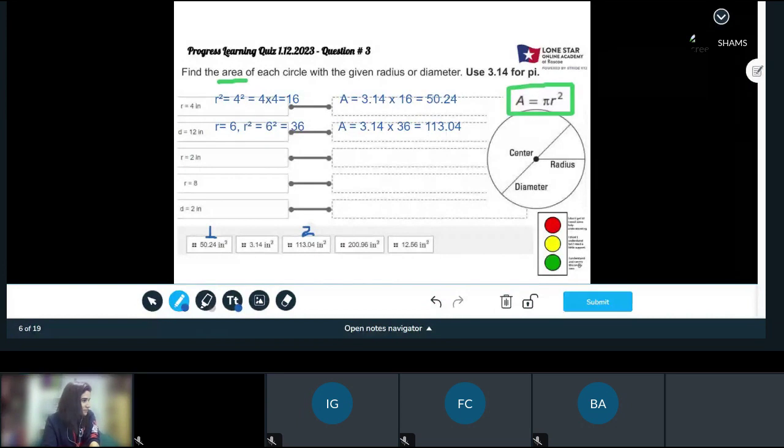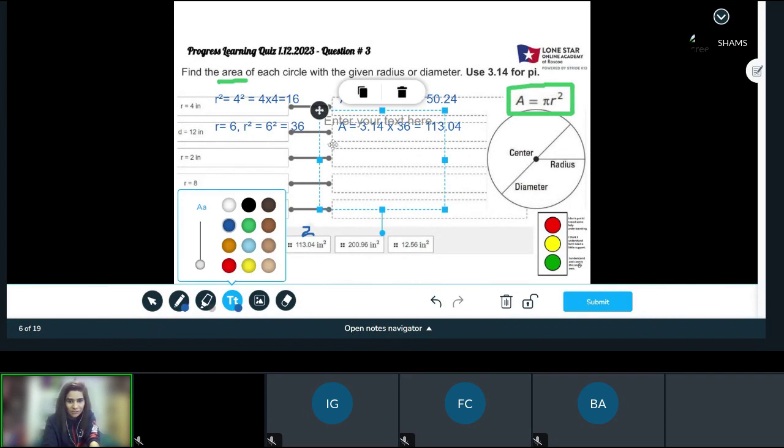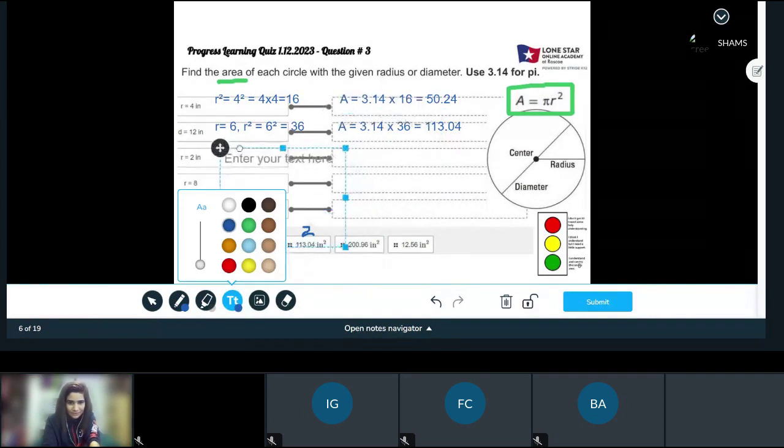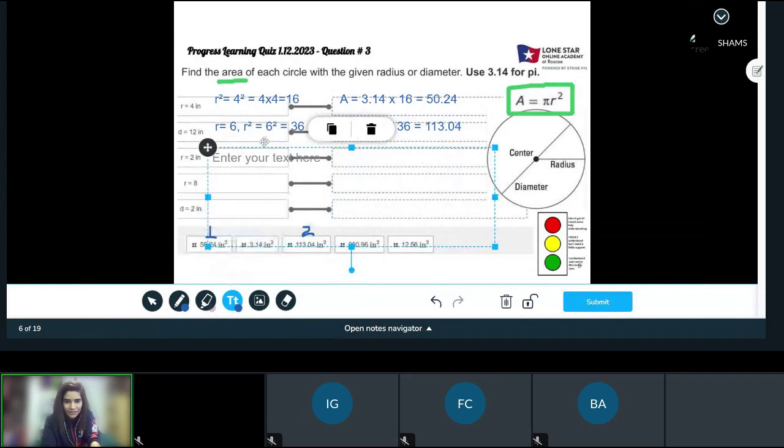Then the radius is 2. Find the area. We will follow a similar procedure each time. We will find radius squared. If the radius is 2, then radius squared means the square of 2. Square of 2 means 2 times 2, and that gives you 4.